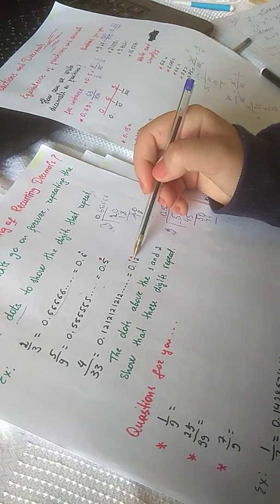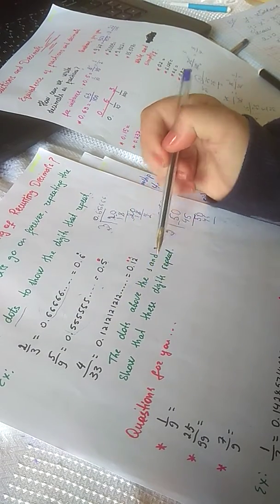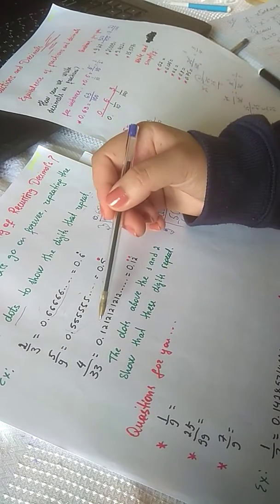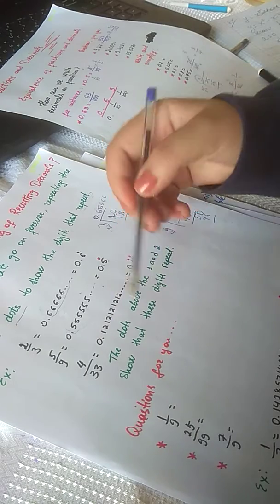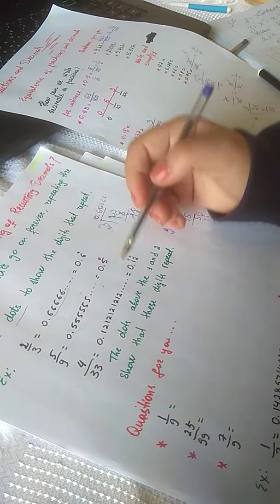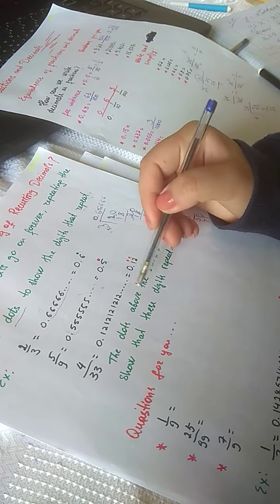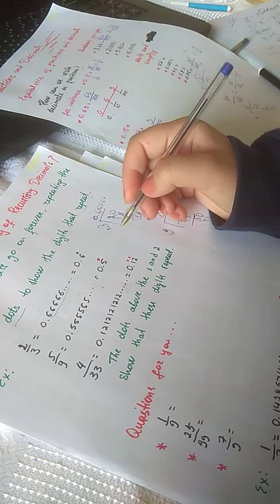What's the meaning of these 2 dots? The dots above the 1 and 2 show that these digits repeat. Both of them repeat, 1 and 2. That's why we should use dots above 1 and above 2, because both of them are repeating.